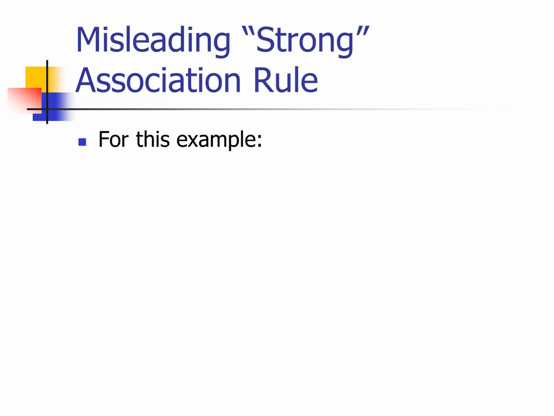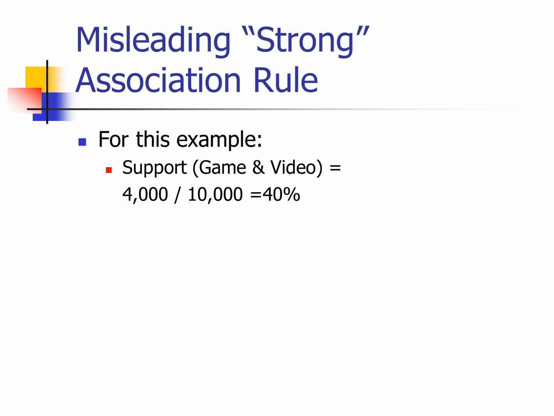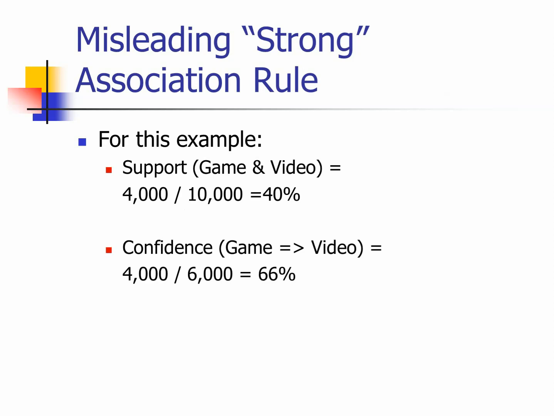And so when we try to do this calculation, let's take a look at this. The support: among all 10,000 transactions, 4,000 of those purchase both of them. So the support is 40%, which is pretty high. That sounds good. Now, if we go from the game to the video direction, the number of games purchased is 6,000 transactions, which is about 60%, and the number of the items they purchased together is about 40%.